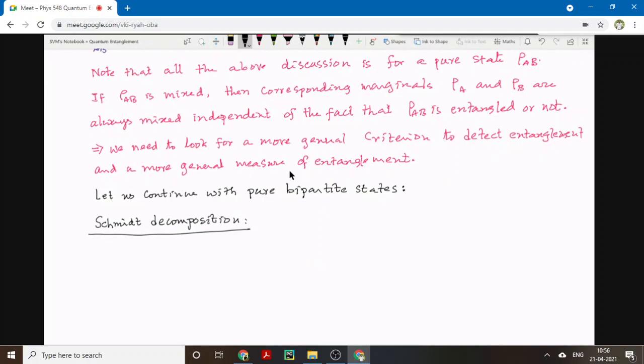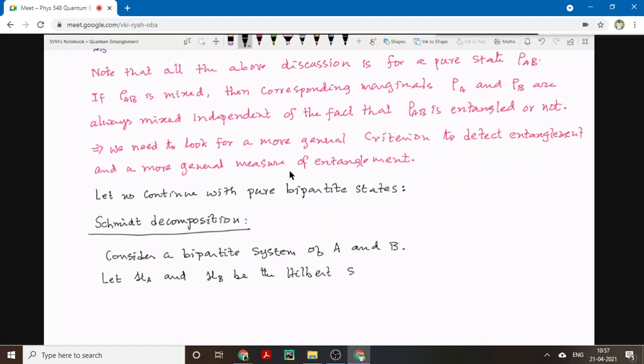Suppose we have two systems. Consider a bipartite system of A and B. Then let HA and HB be the Hilbert spaces of A and B respectively.